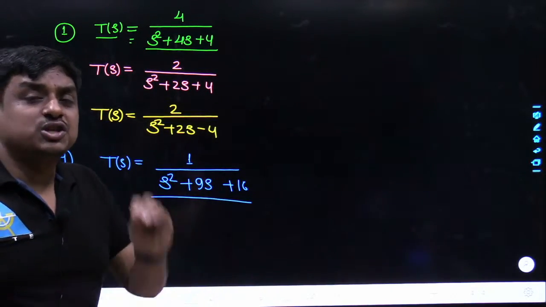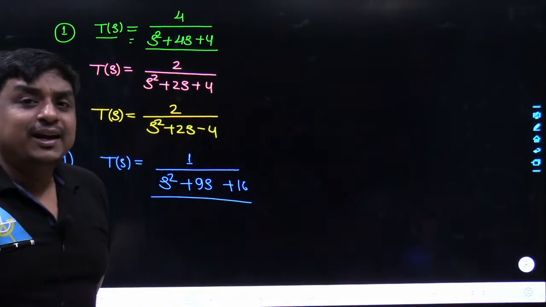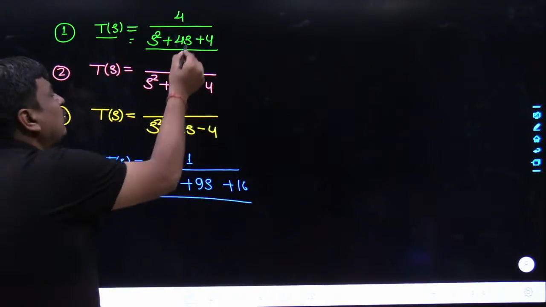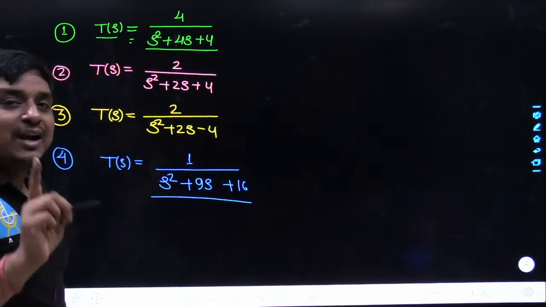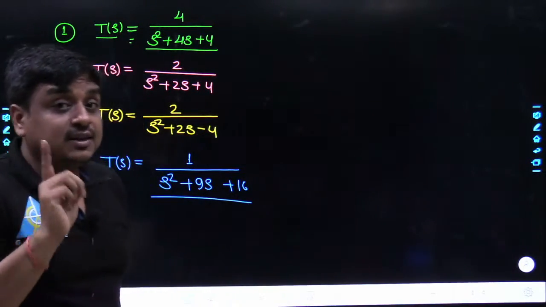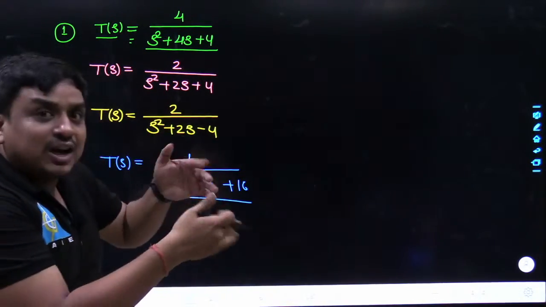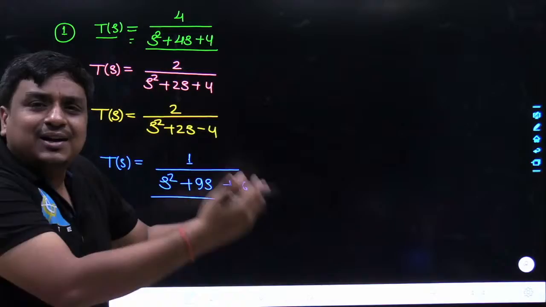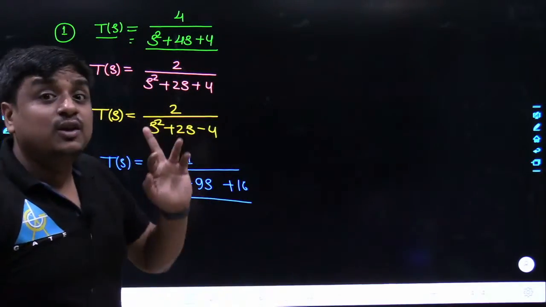So what would be your first approach? Your first approach is to get the value of zeta. But how would we get the value of zeta, because along with s, the 2 zeta omega n is also coming. So first you have to calculate the value of omega n. Whenever you are dealing with any problem where we need to classify the system as underdamped, critically damped or overdamped, you have to get the value of omega n first.